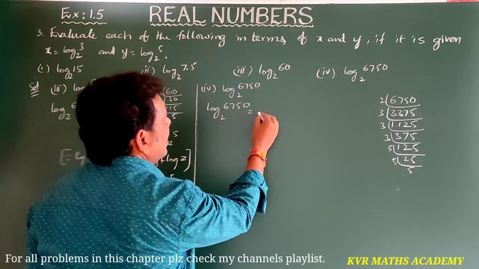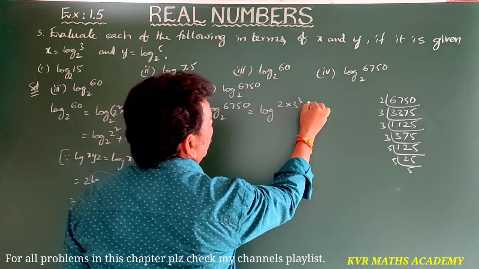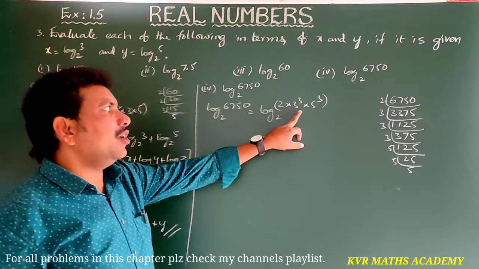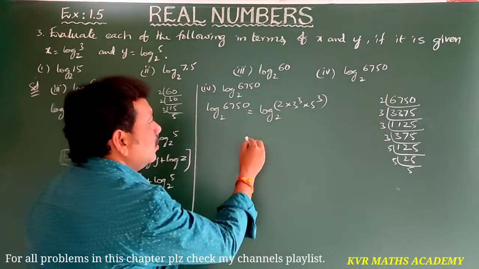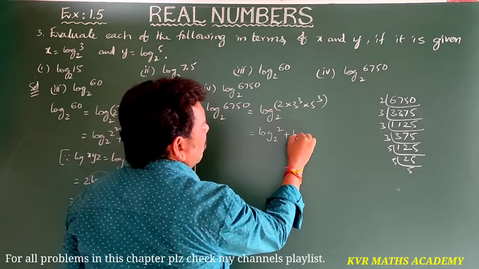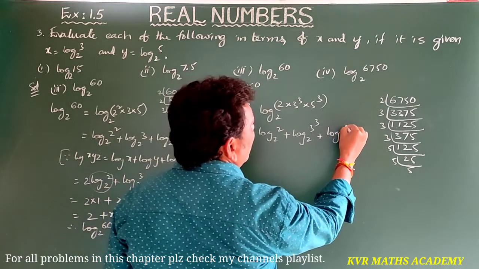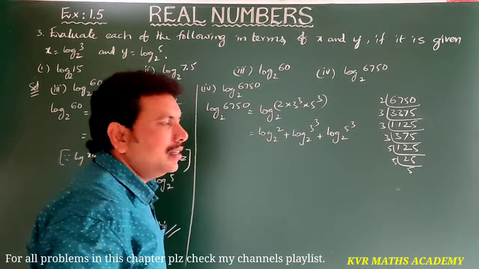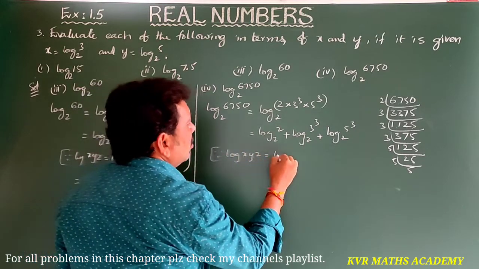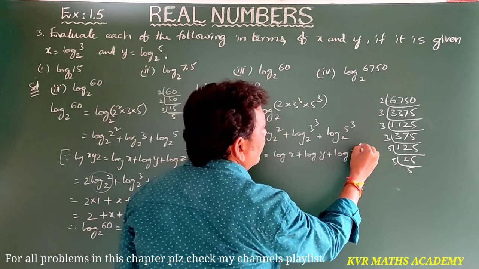So how can you write this? Log of 2 into 3 cube into 5 cube to the base 2 is equal to log 2 to the base 2 plus log 3 cube to the base 2 plus log 5 cube to the base 2, since log xyz is equal to log x plus log y plus log z.